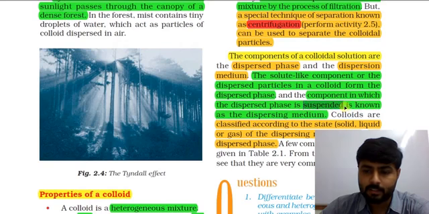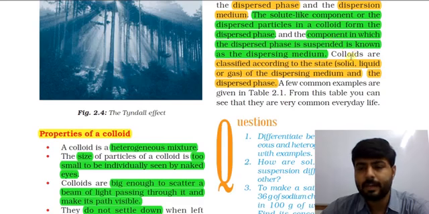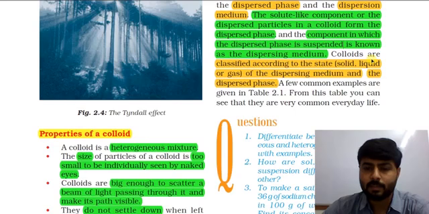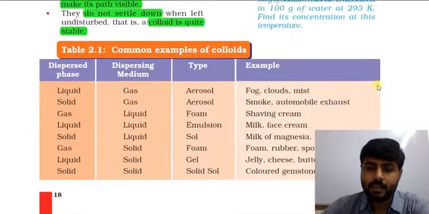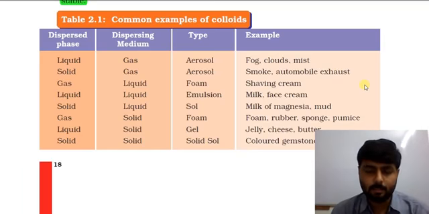Remember this word suspended, because in the exam you have to write this proper word. Colloids are classified according to their state, as we have seen: solid, liquid and gas. Here we have some examples of commonly known colloids, or we can say basic examples of colloids.